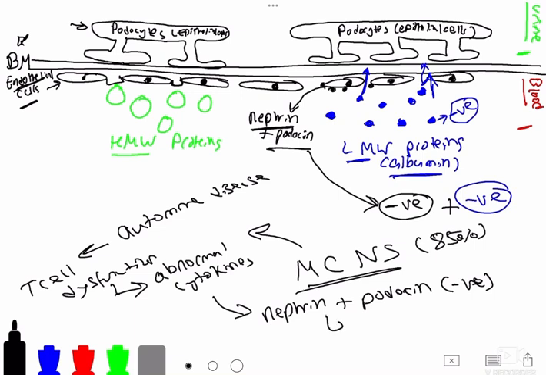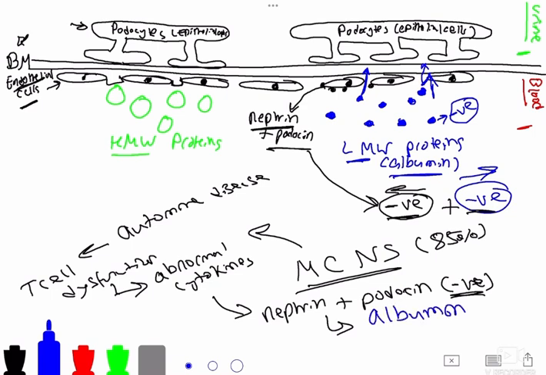Well, then what's going to stop the low molecular weight proteins from passing through if there's no negative charge? If there's no negative charge, there's loss of the repelling forces, and that causes the albumin to pass. So this is the albuminuria.